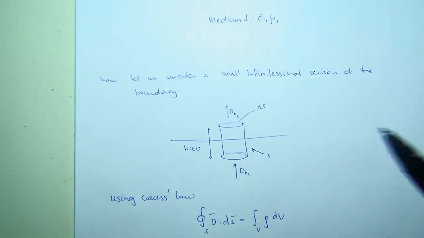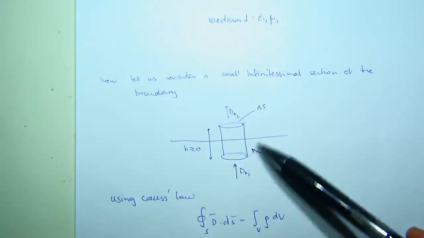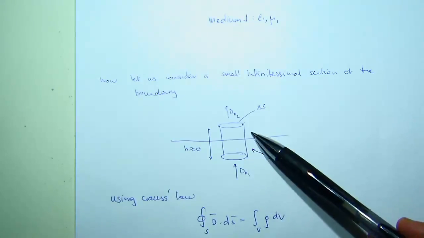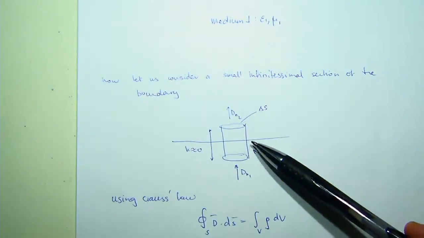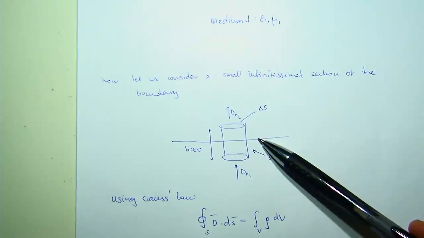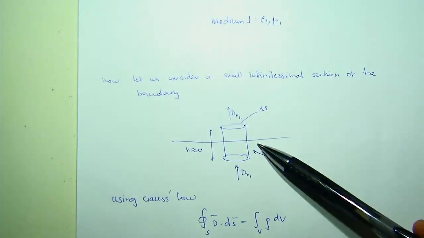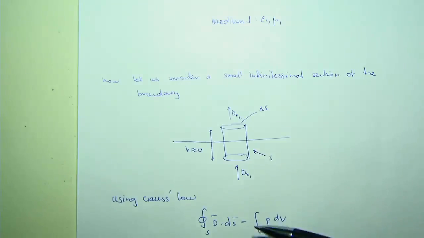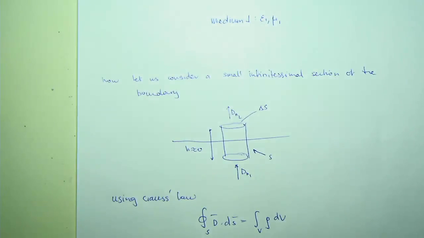Then they would ask you to determine what happens in the limit when the height of this cylinder goes to 0. That's essentially what you do to determine what's happening with the electric and magnetic fields at this interface.